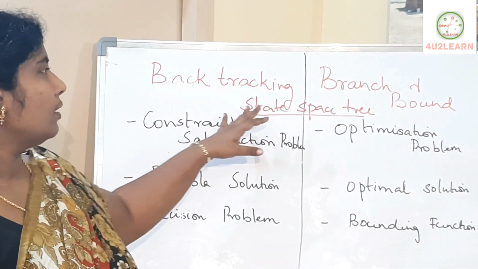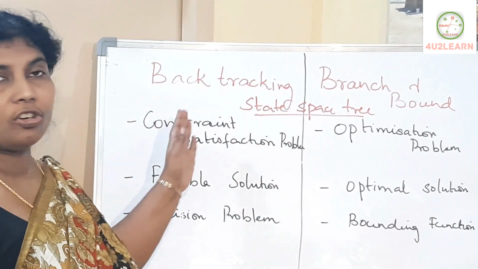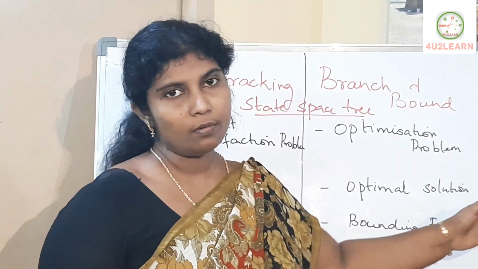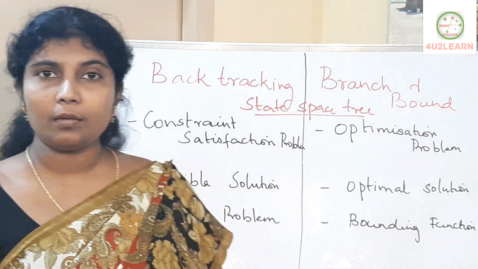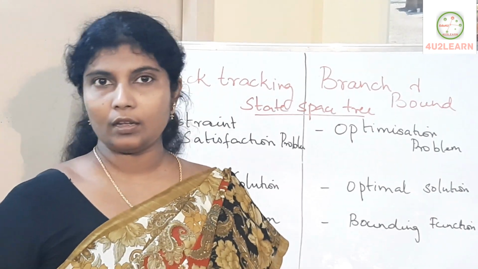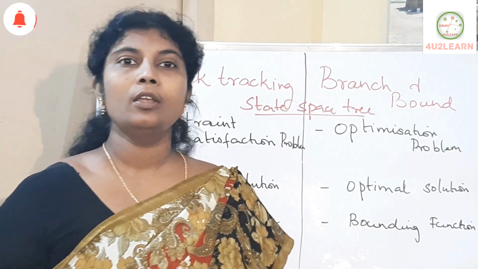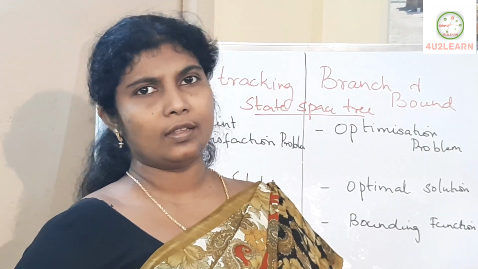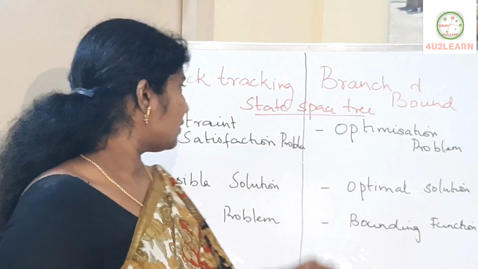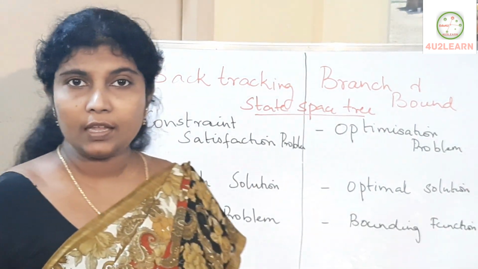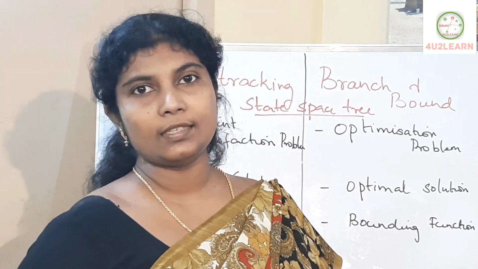We have the state space tree construction for both backtracking as well as branch and bound. So what is backtracking? Backtracking is where a state space tree is constructed, and each and every state is elaborated. If a solution satisfying a rule or a condition, that is constraint satisfaction, is there, then we traverse through that path to get the solution.